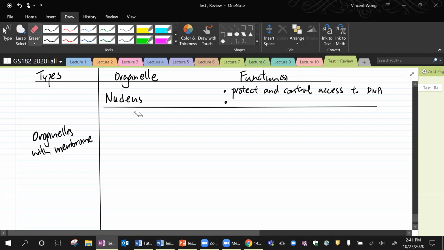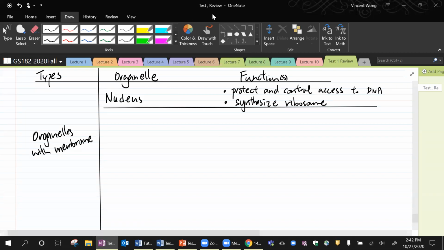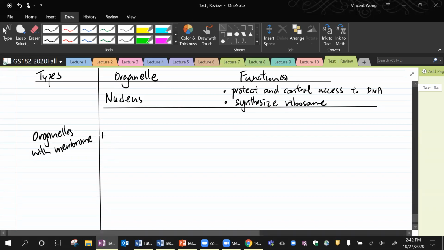Another key function of the nucleus is that it contains the nucleolus. That's where you are going to be able to synthesize ribosomes. So the nucleus is a membrane-bound organelle.